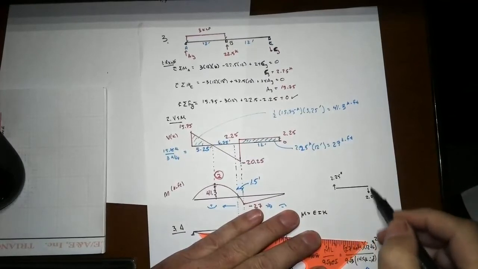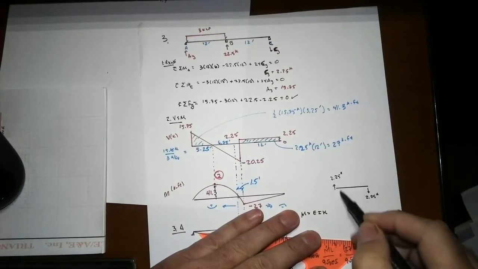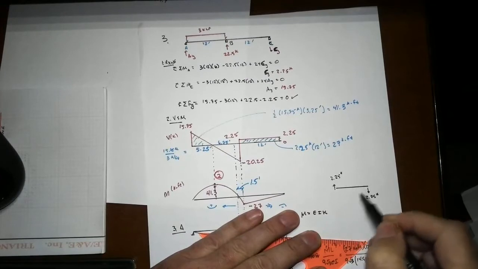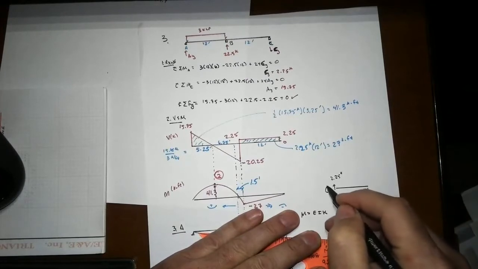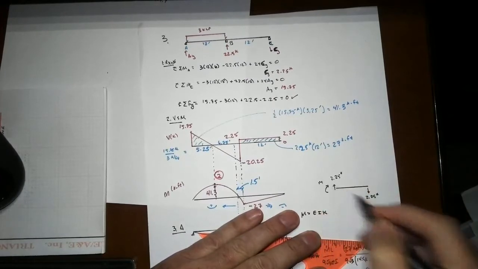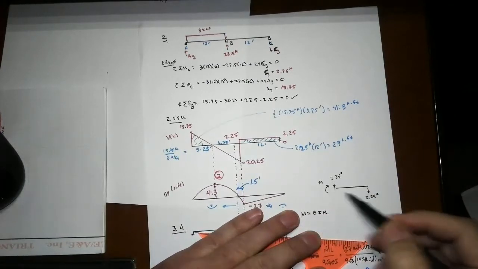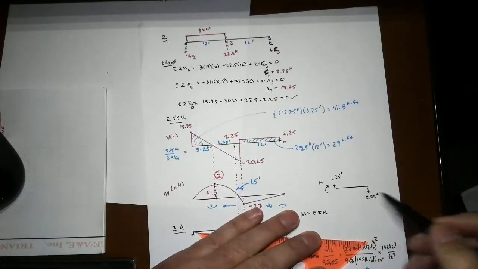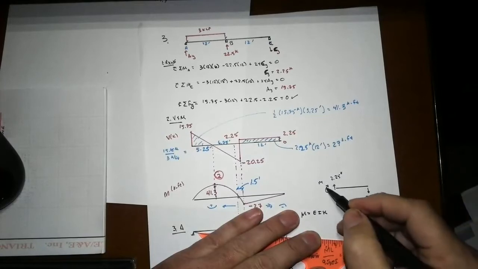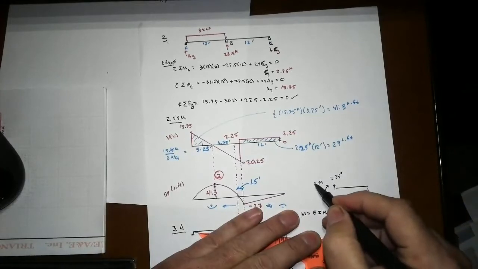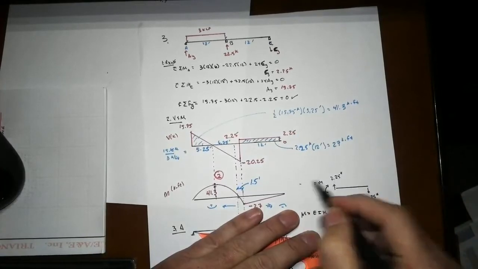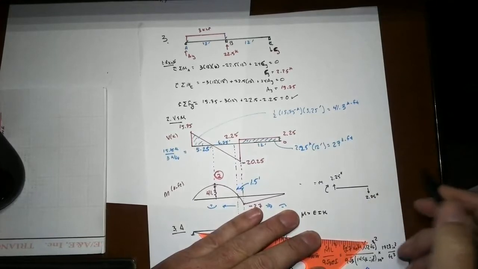And notice that that's creating a force couple that is going in a clockwise fashion. Now, positive moment is also at the left end in that clockwise fashion. Those two can't all be working in the same direction, or we won't have equilibrium. So that's going to be a negative value, and it's got to be opposite of how it's showing.